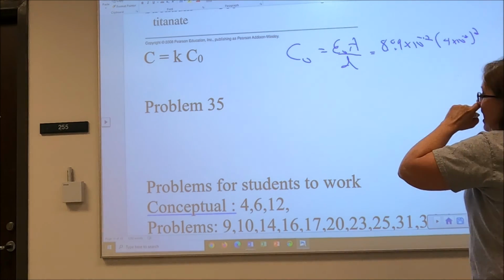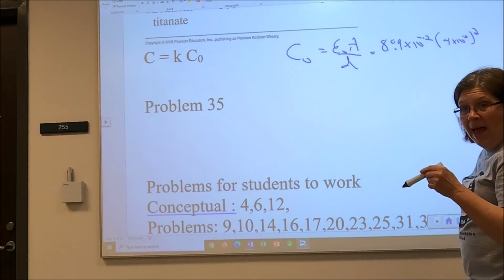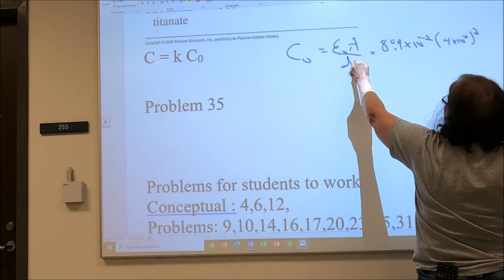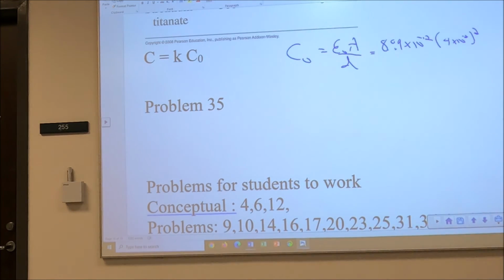To calculate the initial capacitance of the capacitor with no dielectric, it's going to be epsilon 0 A over D. And epsilon 0, remember, is a constant. The value for epsilon 0 is 8.85 times 10 to the minus 12.